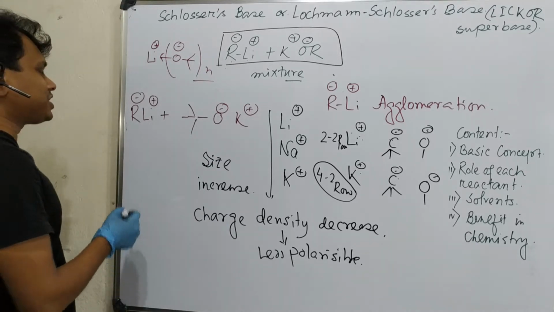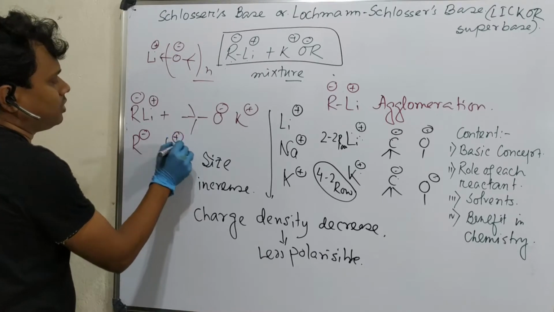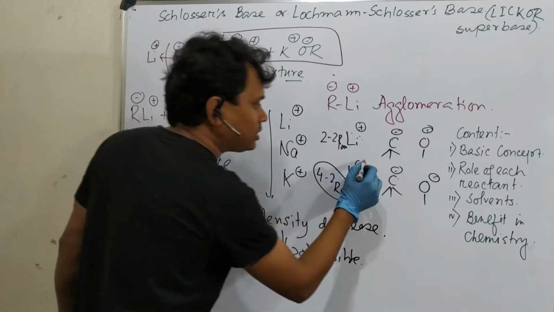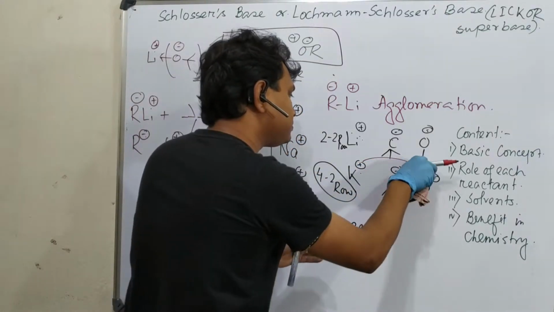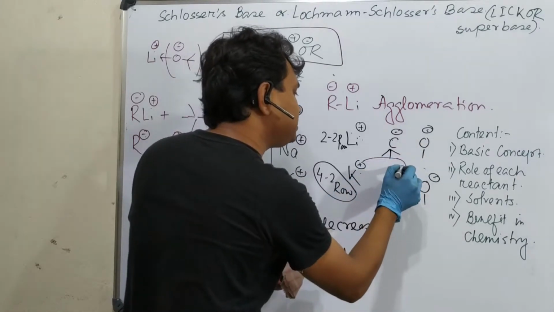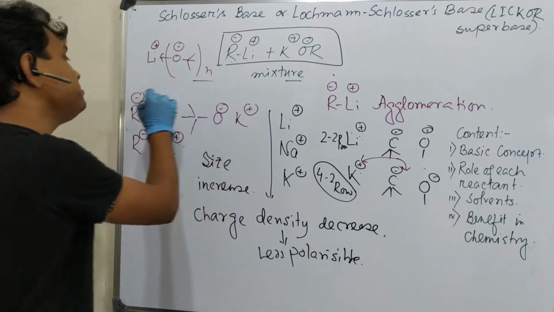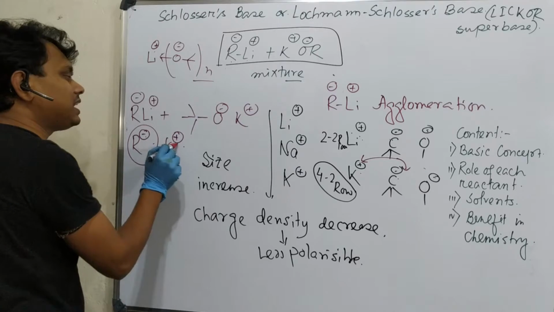Consequently, what is in the reaction medium? R minus and K plus. We know that this overlap is not that high. So by mixing we are solvating the cation and creating a bare anion, as they have very little interaction.